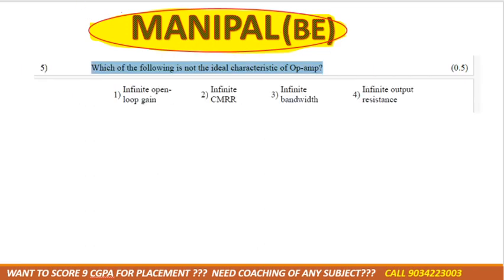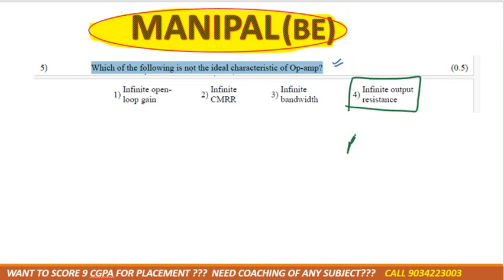Okay. Now the question number 5. Which of the following is not the ideal characteristic of op-amp? Op-amp has many different kinds of characteristics that you need to learn. You can learn it through your notes also or through my channel also. Now in this, as they said, infinite output resistance.